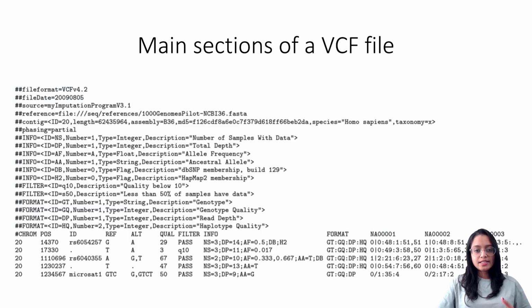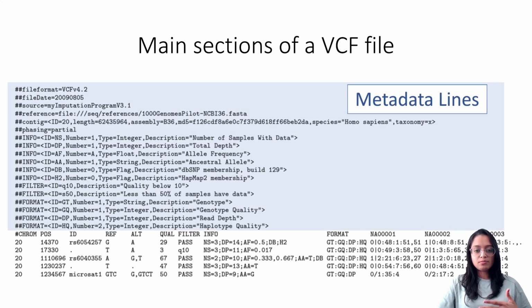So when you open a VCF file, essentially you should be seeing something like this. These are the first few lines of a VCF file, and a VCF file could be divided into various sections. Basically, a VCF file contains three sections. The first is metadata lines, and these are multiple lines, the first few lines with which the VCF file begins, and these lines are prefixed by the double hash symbol.